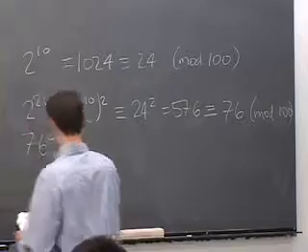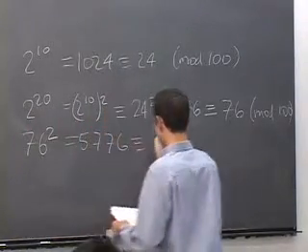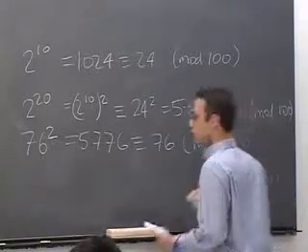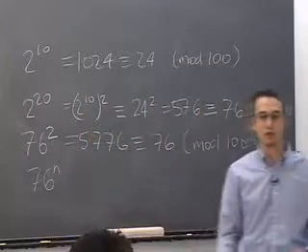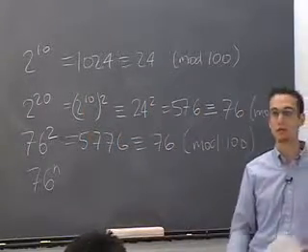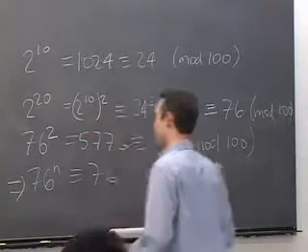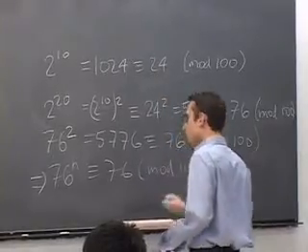Now, if I square 76, this is 5776, which is just 76 mod 100. What is 76 to the n modulo 100? 76. This implies that 76 to the n is congruent to 76 modulo 100 by induction.